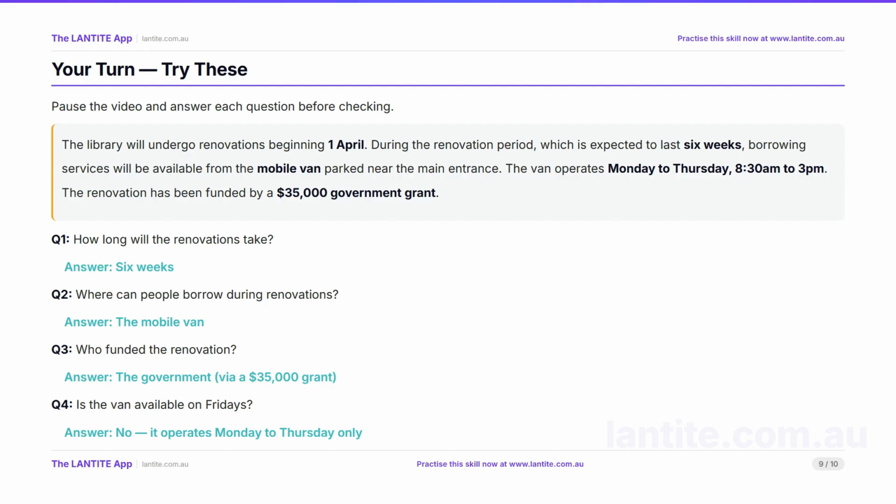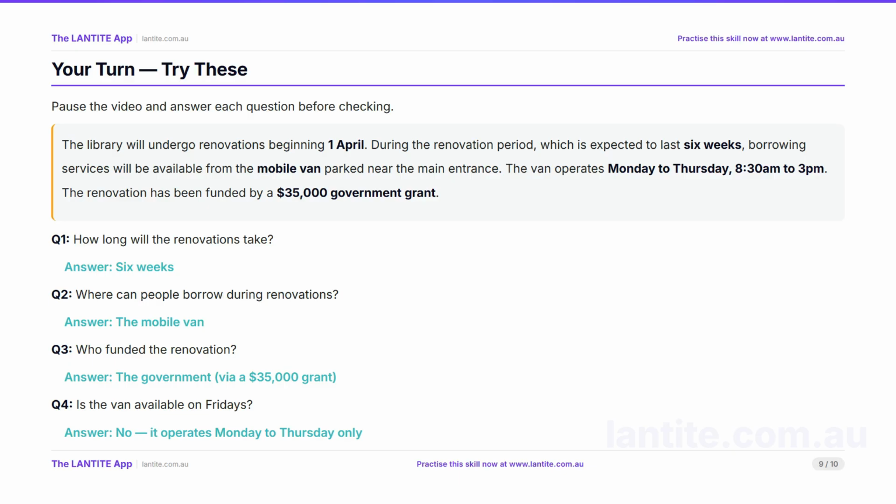Now it is your turn. Pause the video and read the passage about a library renovation. Try to answer each question using the scanning technique. Question 1. How long will the renovations take? Scan for duration or length. 6 weeks. Question 2. Where can people borrow during renovations? Scan for borrow.